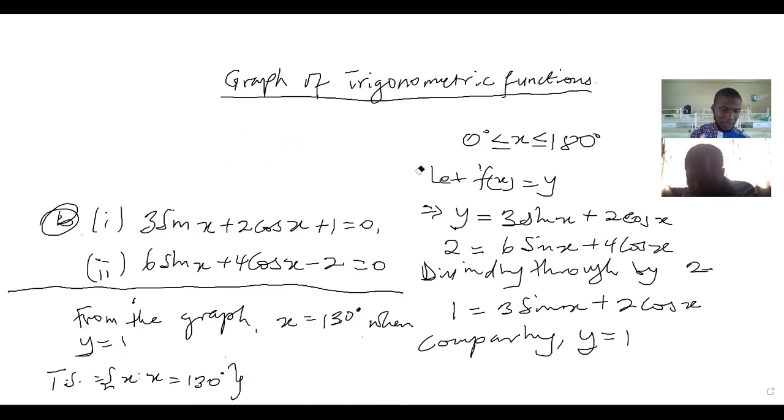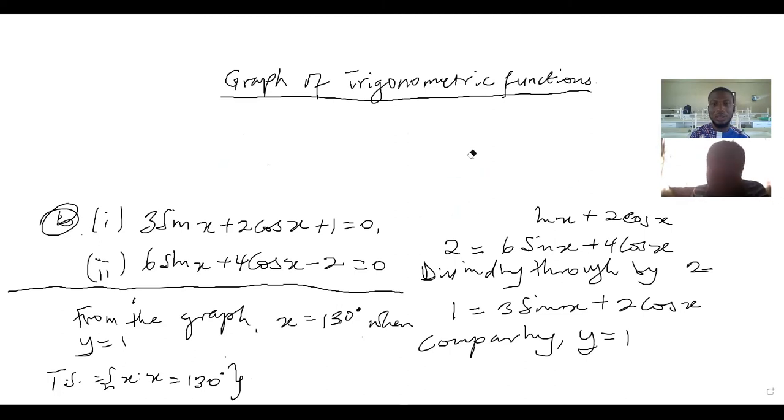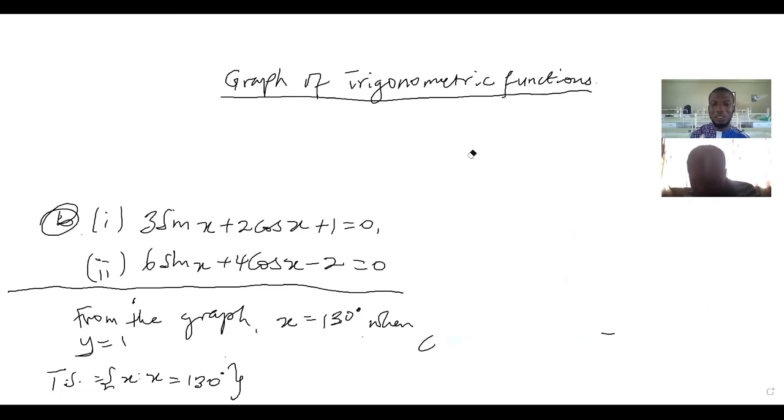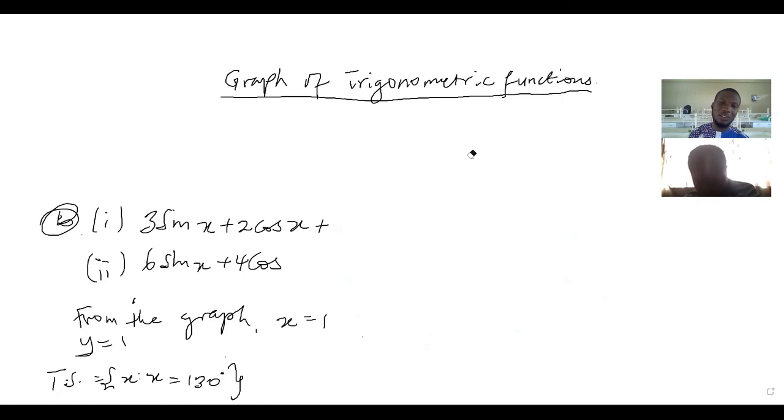Copy and complete the table below for the function. That means that here they have even simplified it for you. The first one we did, you have to draw your own table. But this one, they have simplified it for you. And before we even draw the table, let me quickly address some issue that confuses students at times.